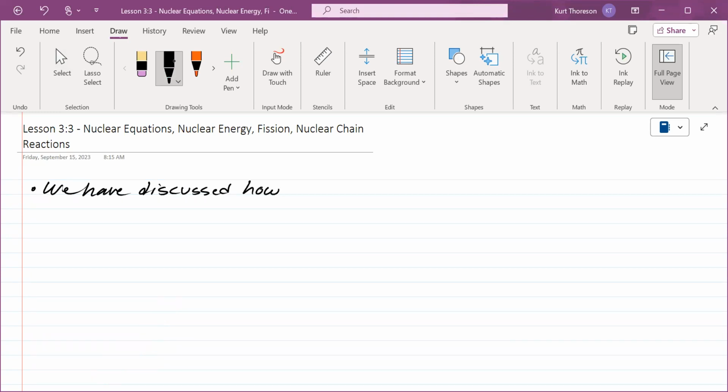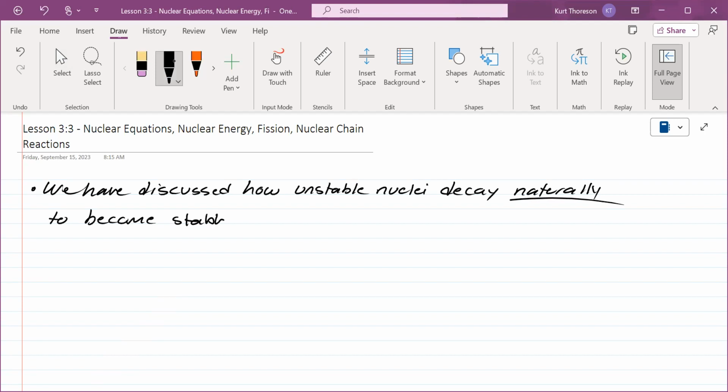We have discussed how unstable nuclei decay naturally, I want to emphasize the word naturally, to become stable. This results in a new element.